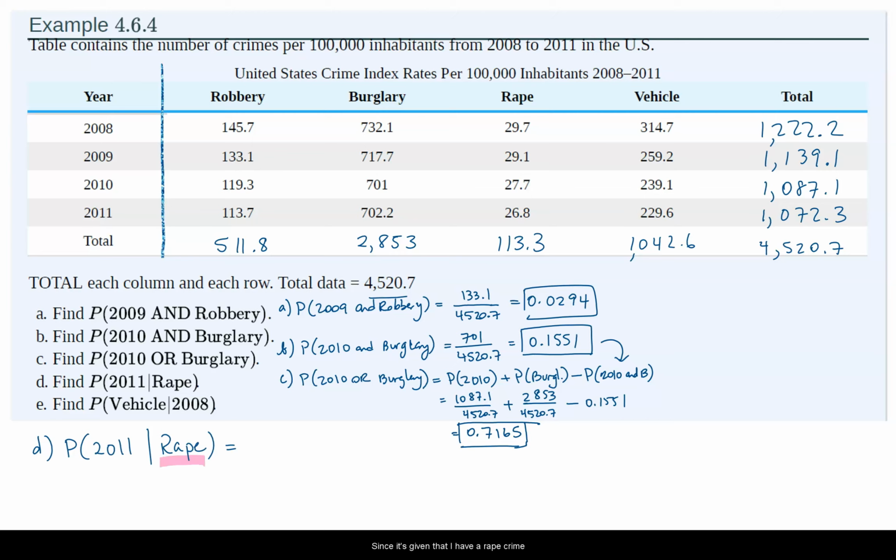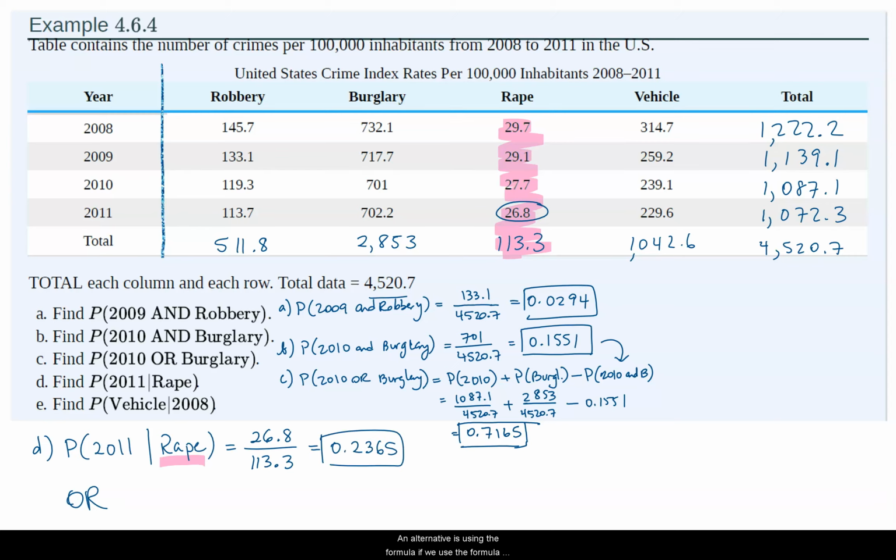Since it's given that I have a rape crime, I'm only going to focus on the numbers in the rape column. In the rape column, which one refers to 2011? 26.8. So one way to calculate this is take the 2011 in the rape column, 26.8, and divide by the total in just that column, 113.3. And we get the probability 0.2365.